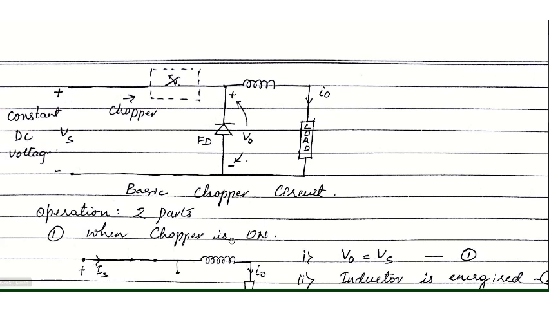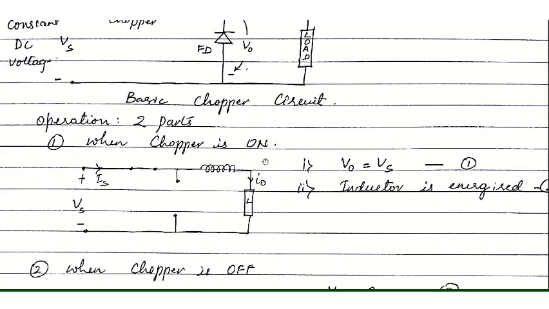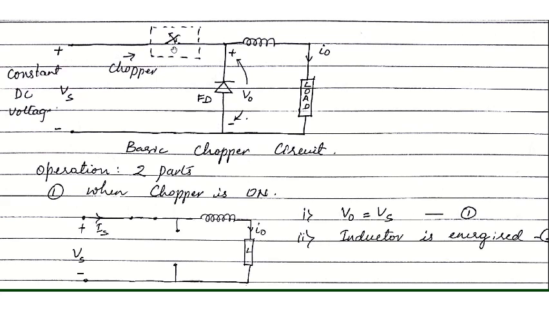The circuit can be understood in two parts of its operation. In the first part, the chopper, or the switch, is on. As you can observe here, it is indicated with a short circuit, and here is your constant DC supply.